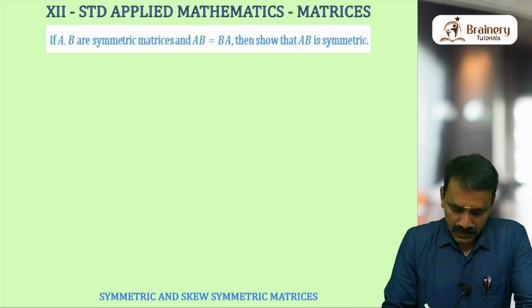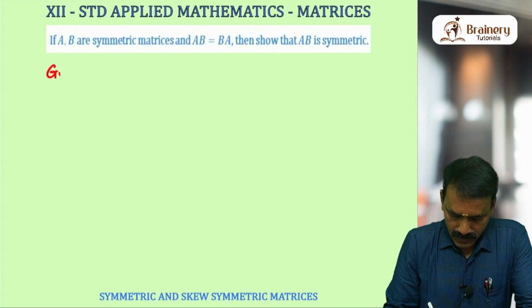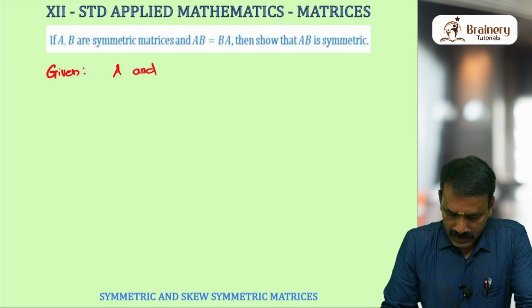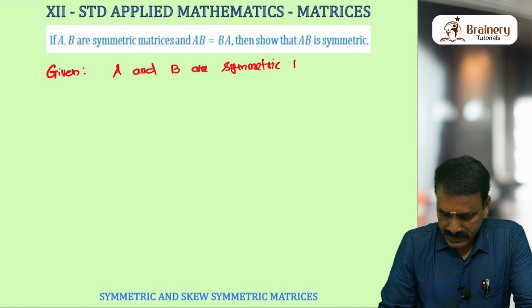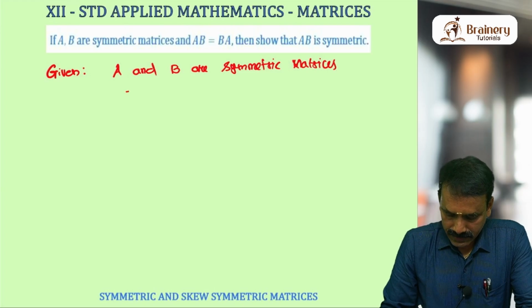So what is given now? Given: A and B are symmetric matrices and AB equal to BA.